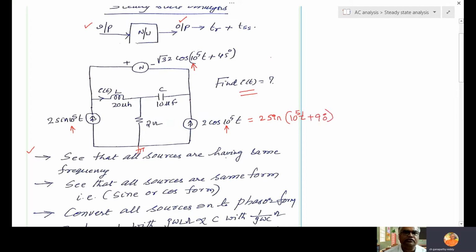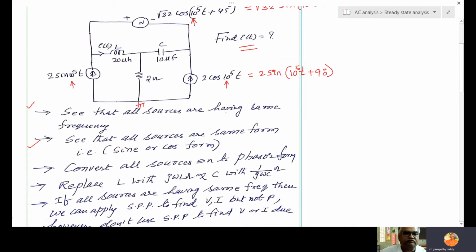This is also root 32 sine 10 power 5t plus 90 plus 45, that is 135. So second, see that all sources are in the same form.